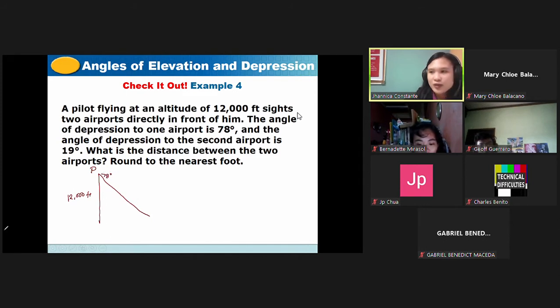That's the first angle of depression, for the first airport that the pilot saw. And he saw a second airport that has an angle of depression of 19 degrees.